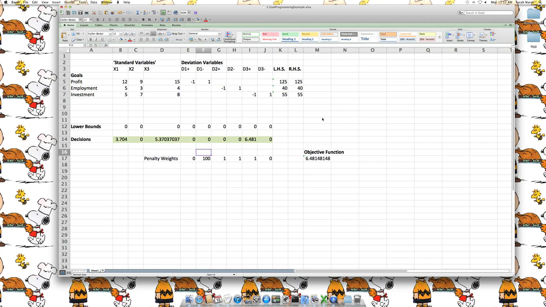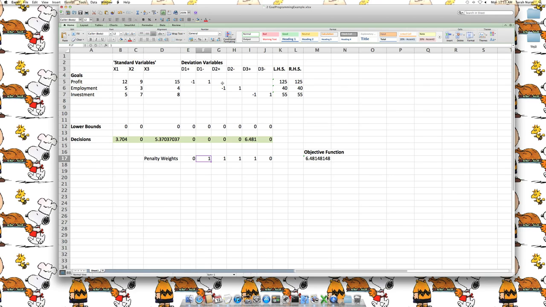And then you can change the penalty weights. So if instead I care now more about goal 3, I can change that to 100 and solve the same thing. You have to then look at the relationship between the weights. So here it essentially assumed the same level of deviation. If I had them all equal, then that means one deviation in D1 minus is equal to one deviation in D2 plus.